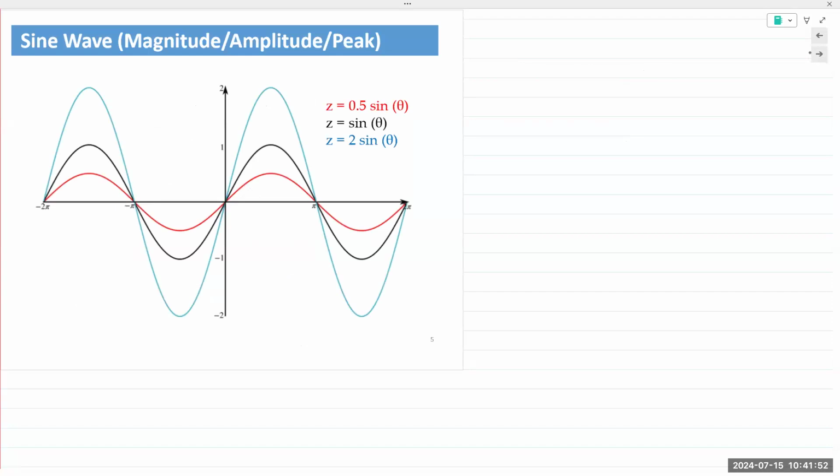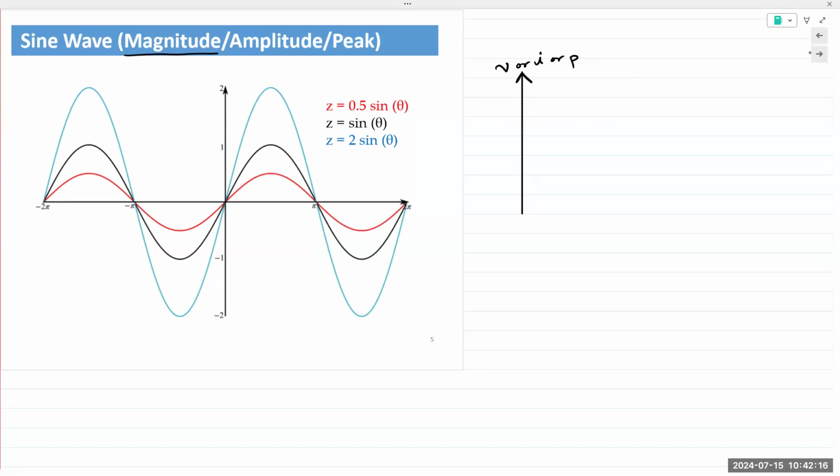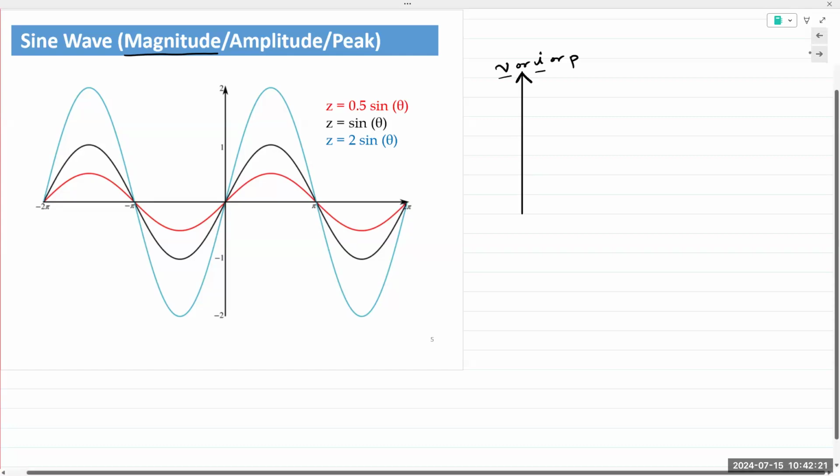Let's start with Vm first. The M stands for magnitude. It basically describes the value of that quantity on the y-axis. So x-axis is always time, and the y-axis value, which is voltage or current or power, is described by the magnitude, also known as the amplitude, or also known as the peak value.